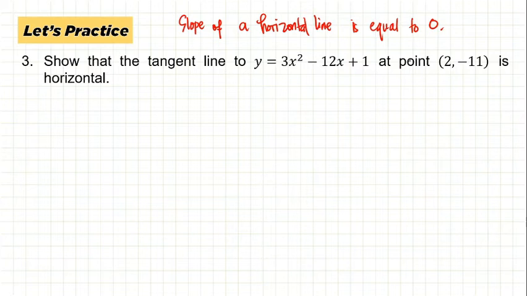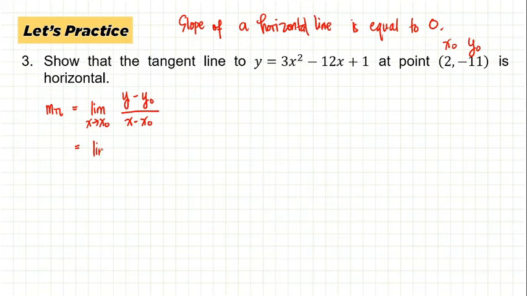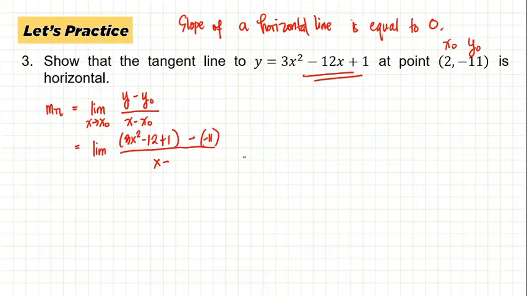Okay? Since the values of x sub o and y sub o are already given, it is easy to solve for m sub TL. So solving for m sub TL, we will have the limit of y minus y sub o, because our function is in terms of y, all over x minus x sub o as x approaches x sub o. Now, substituting the values, y is equal to 3x squared minus 12x plus 1, minus y sub o, which is negative 11, all over x minus x sub o, which is 2, as x approaches 2.